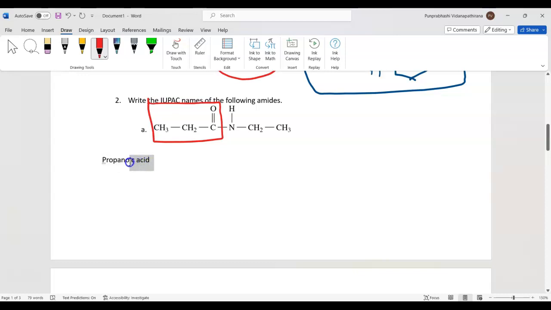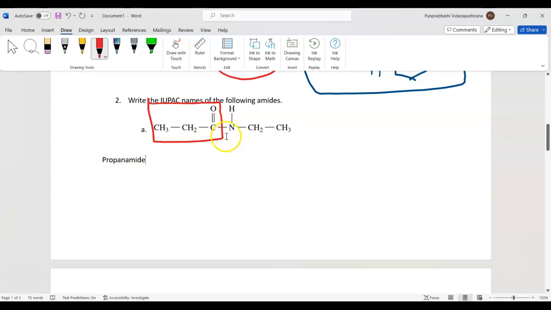The IUPAC rule is to replace the -oic acid with -amide. So that would be propanamide. That's how we start from the number of carbon atoms to give the carboxylic acid name and then the amide. Now this is a propanamide.